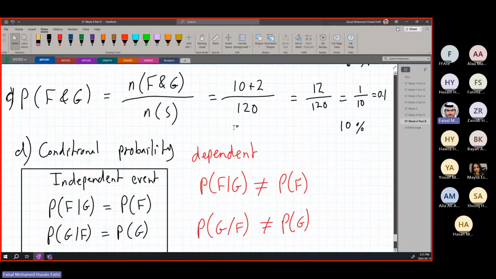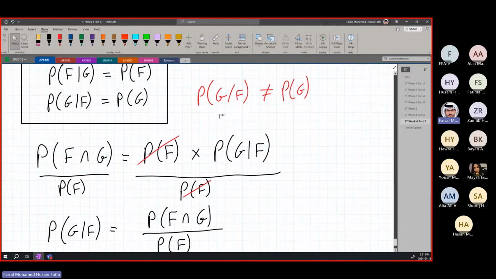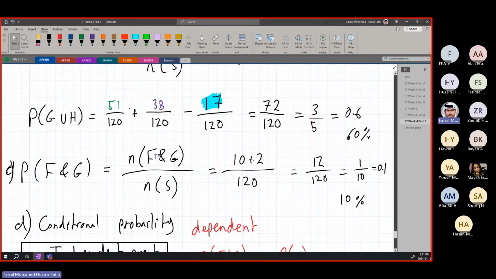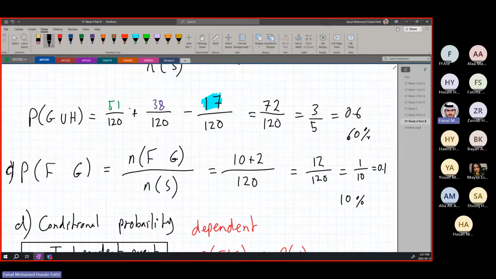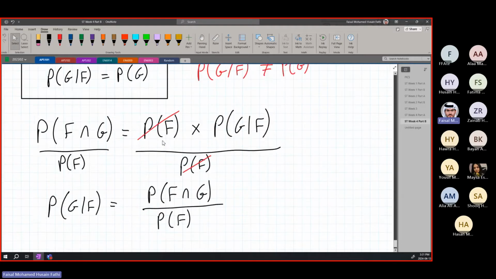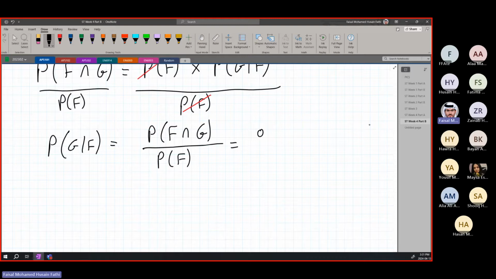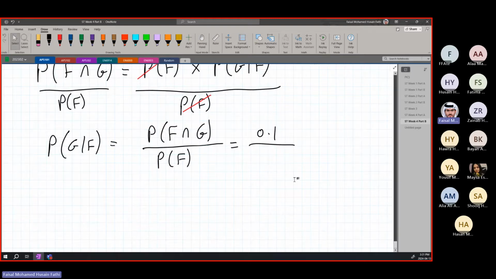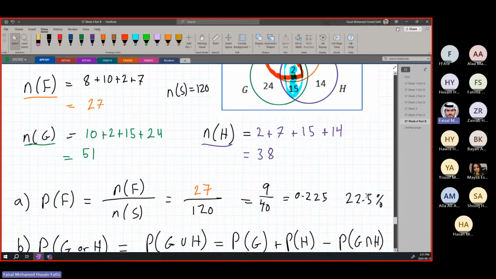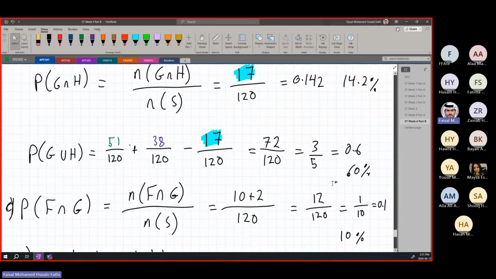F and G, or F intersection G, we have already found it. I wrote it as 'and', this is also intersection. So we already know the probability of F and G, which is equal to 0.1. And we have already calculated the probability of F earlier, which is 0.225.